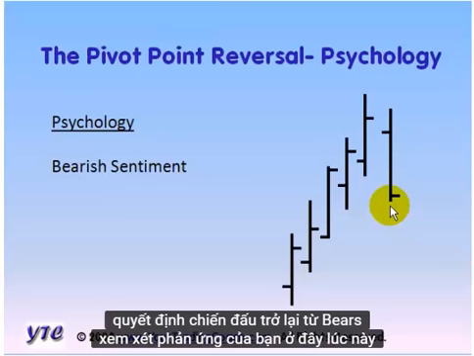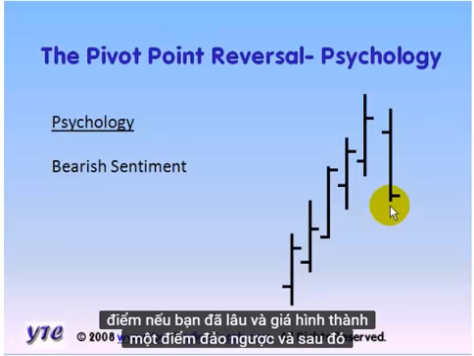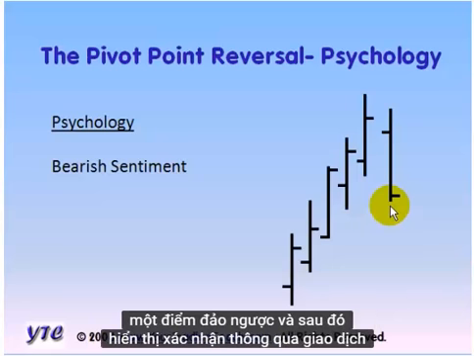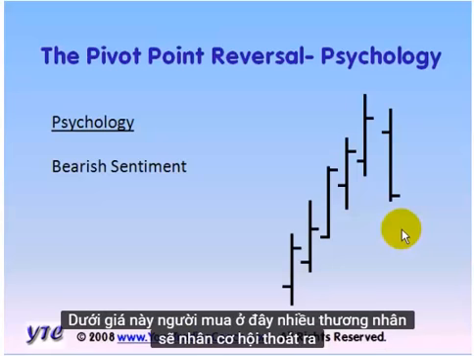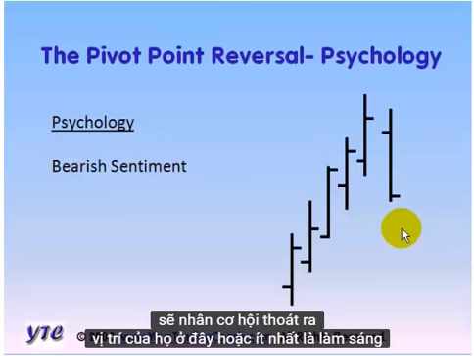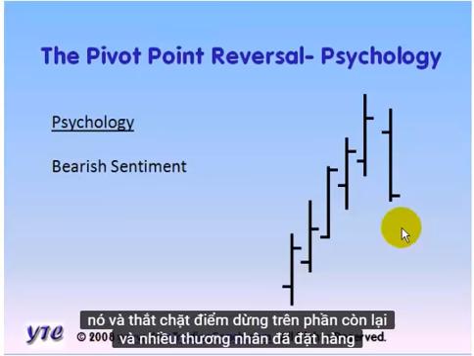Consider your reaction here at this point if you were long and price formed a pivot point reversal and then displayed confirmation through trading below this price bar here. Many traders will be taking the opportunity to exit their position here, or at least lighten it and tighten the stop on the remainder.